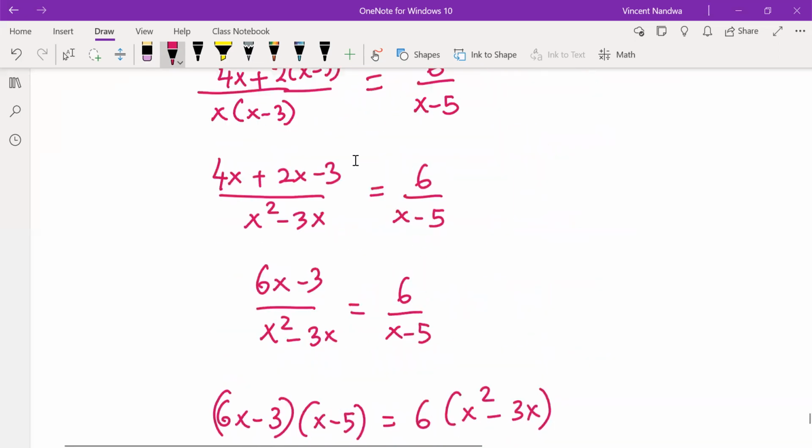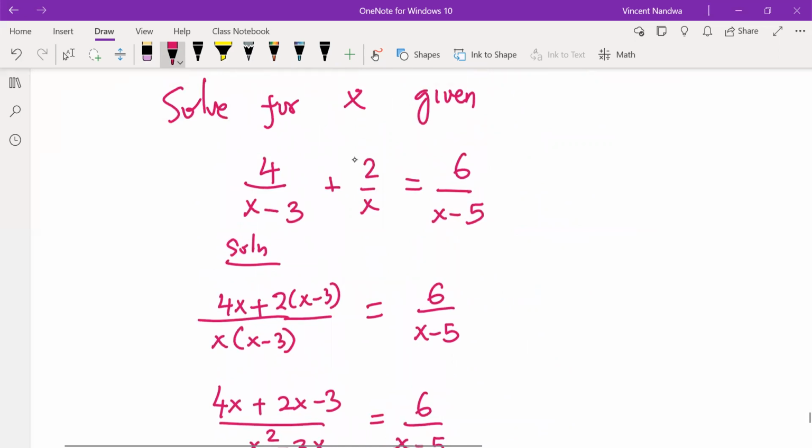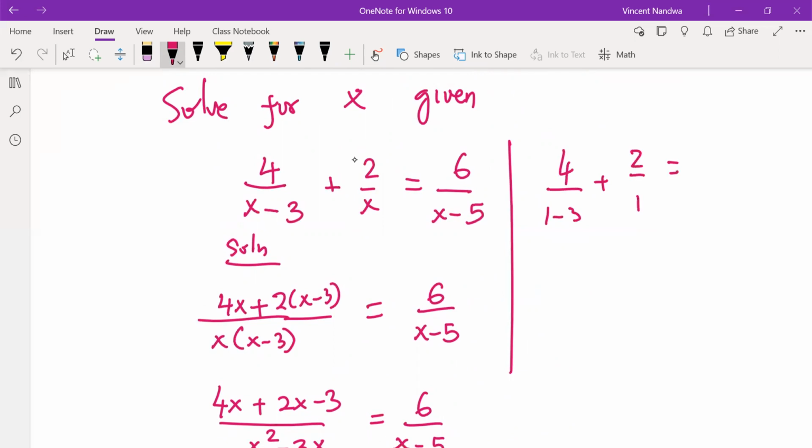So let's confirm whether that is the correct answer. So I'll have 4 over 1 minus 3 plus 2 over 1. We check whether it's the same as 6 over 1 minus 5. So this will be 4 over minus 2 plus 2 over 1, and 6 over minus 4.